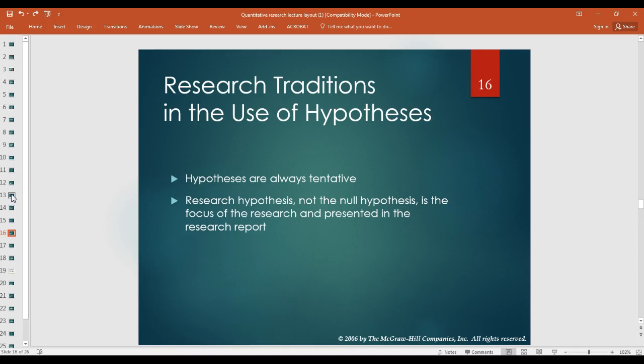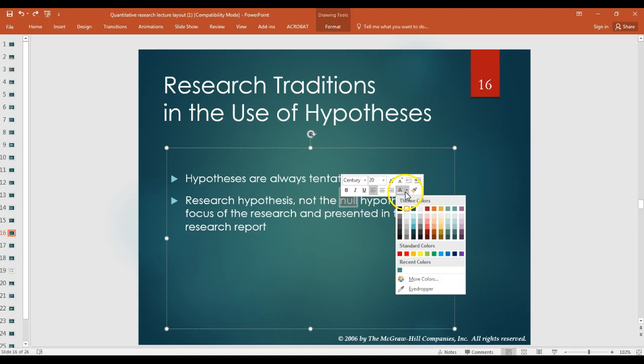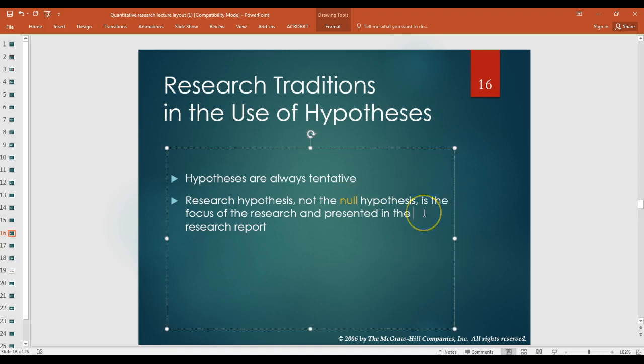Now, the third kind, which is the null hypothesis, is not really something that you state at the very beginning. The null hypothesis comes at the end, or when you're just saying that you think there will be no difference. The word null means zero.